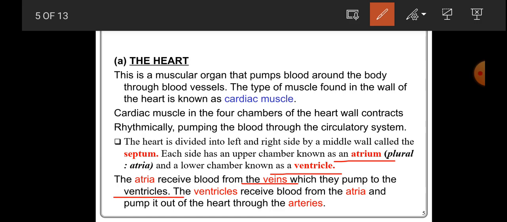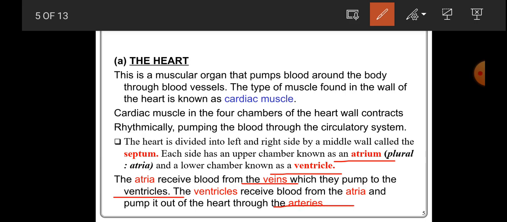The ventricles receive blood from the atria and pump it out of the heart through the arteries.